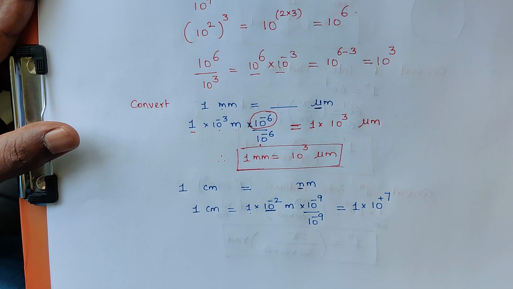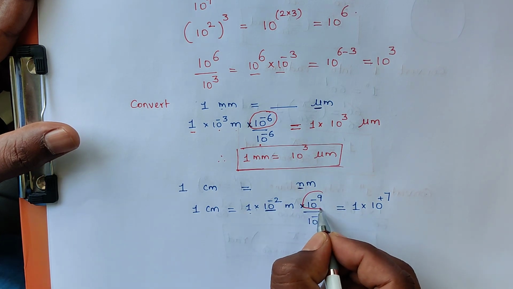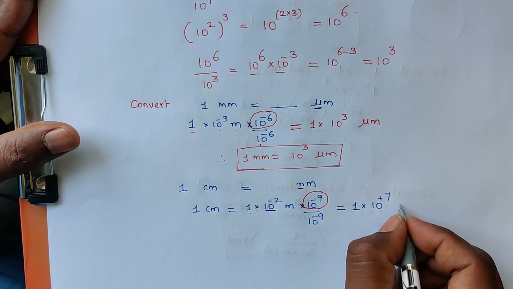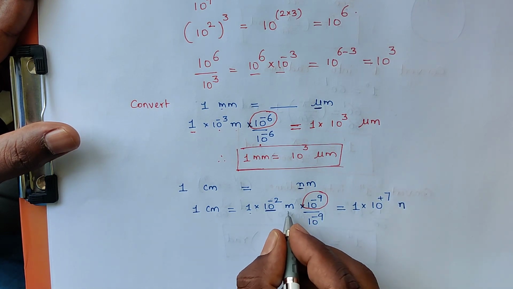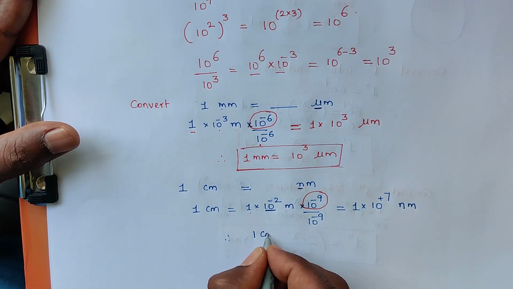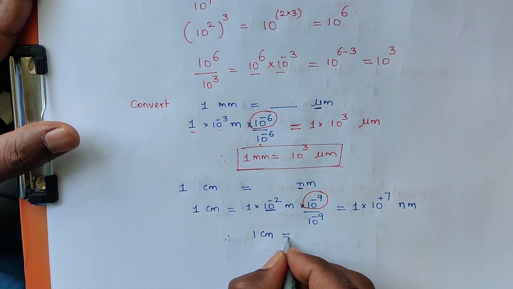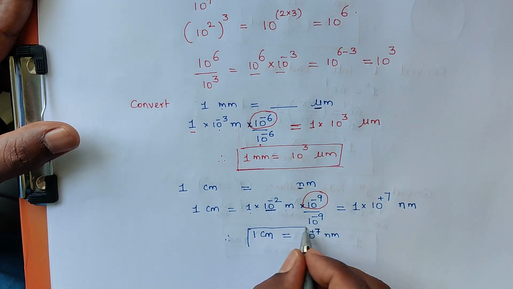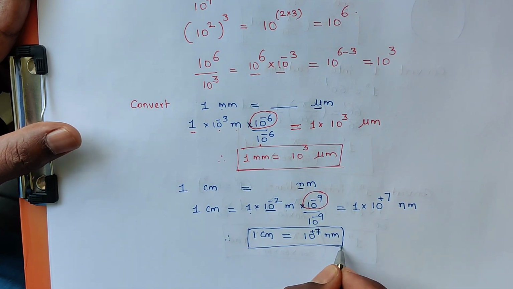The 10 to the power of minus 9 in the numerator is replaced with nanometer as it is. Therefore, 1 centimeter is equal to 10 to the power of plus 7 nanometers. These are simple, you know.